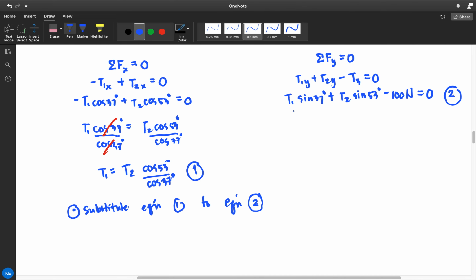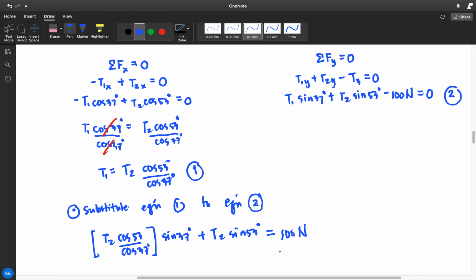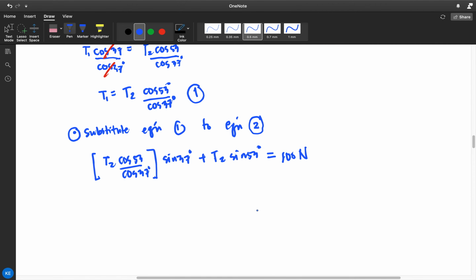So the value of your T1 is this. So you'll have here T2 cos 53 over cosine 37 quantity, times sine 37, plus T2 sine 53 is equal to, add 100 both sides, 100 newtons. Okay, so next, what we're going to do is simply ipang-solve mo siya.